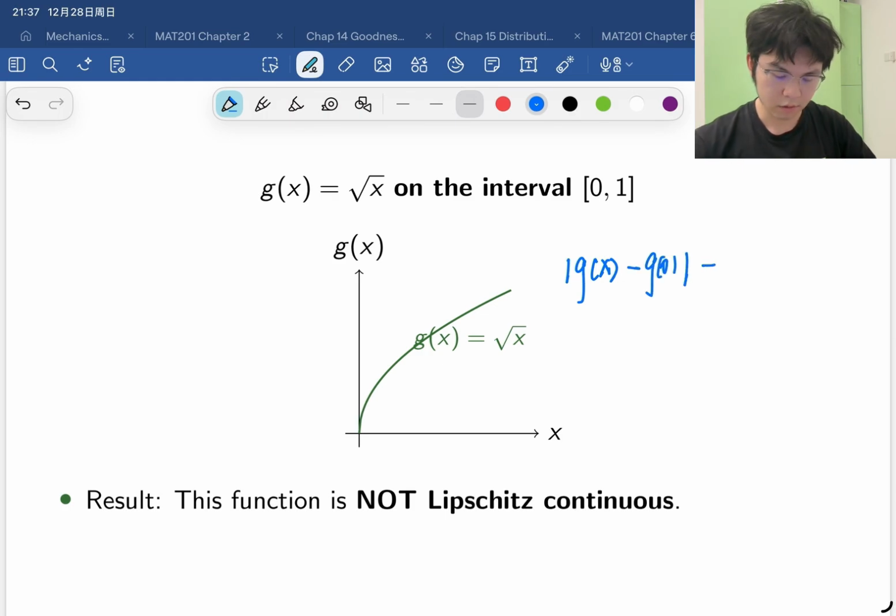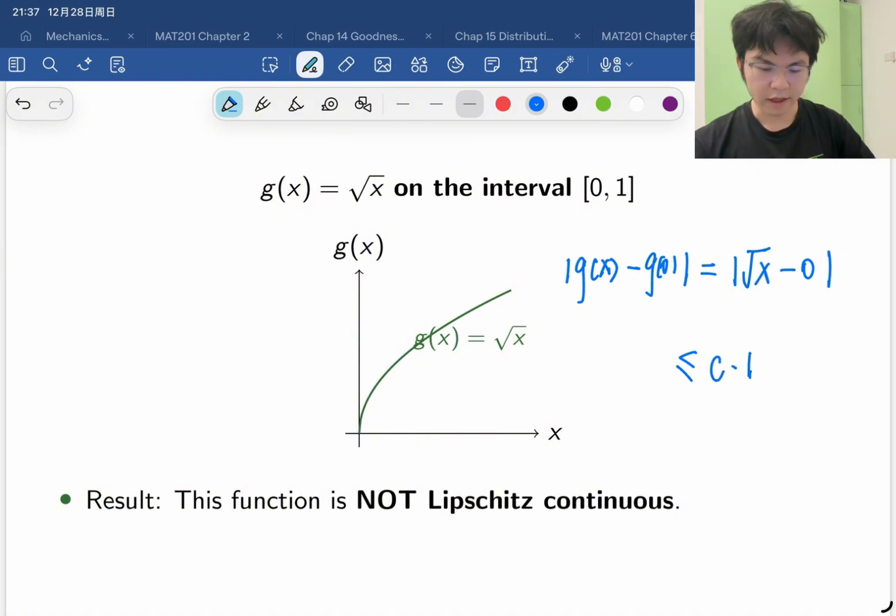equals the square root of x minus 0. We want it to be less than or equal to a constant C times the absolute value of x minus 0. Then we get the square root of x less than or equal to C times x.